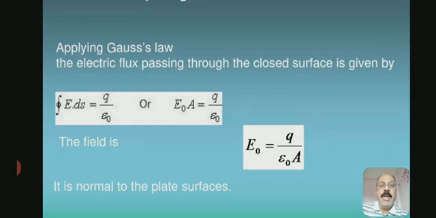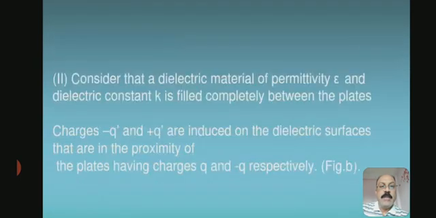So here we apply Gauss law. The electric flux passing through the closed surface, integral over the closed surface E dot dS, is equal to Q by epsilon naught, or E naught A is equal to Q divided by epsilon naught. Then the field is given by E naught is equal to Q divided by epsilon naught A. It is normal to the plate surface.